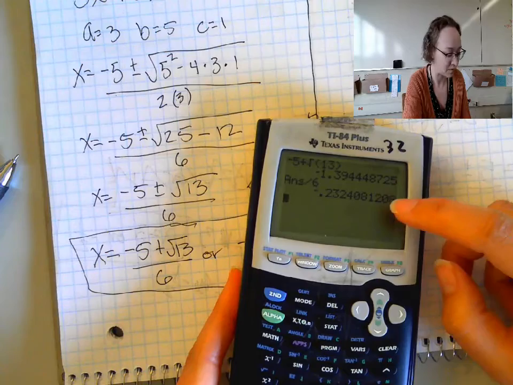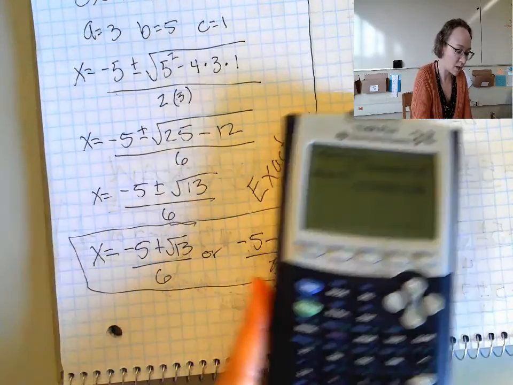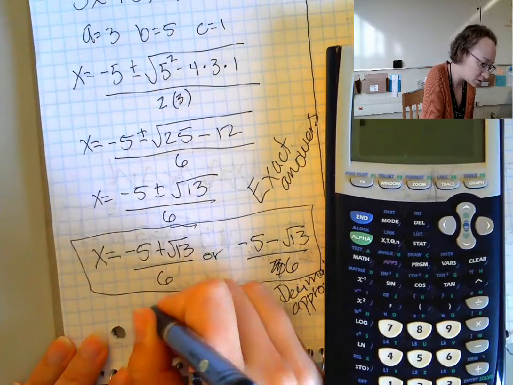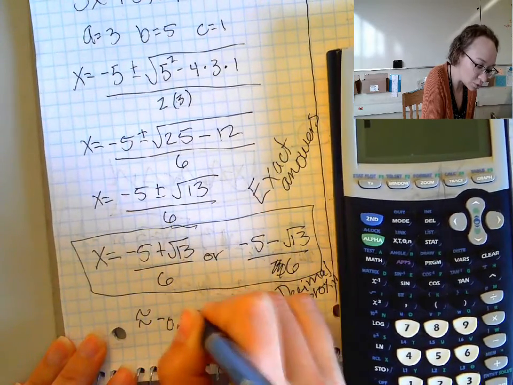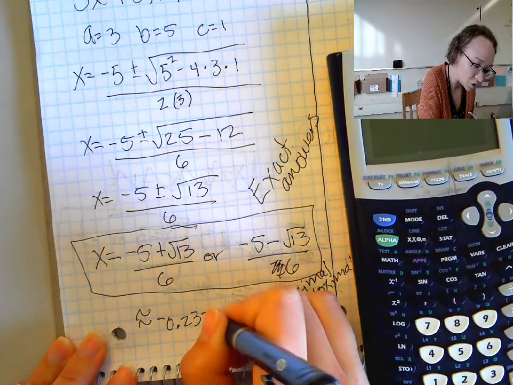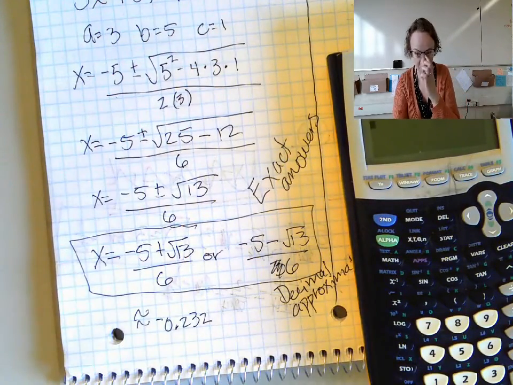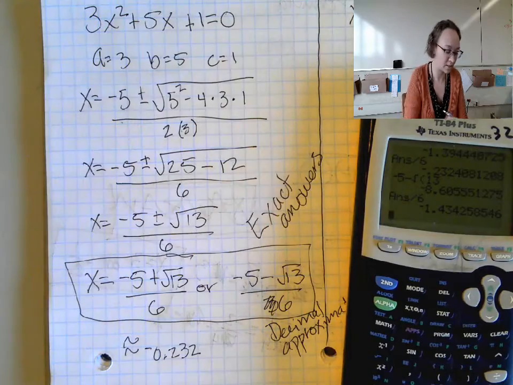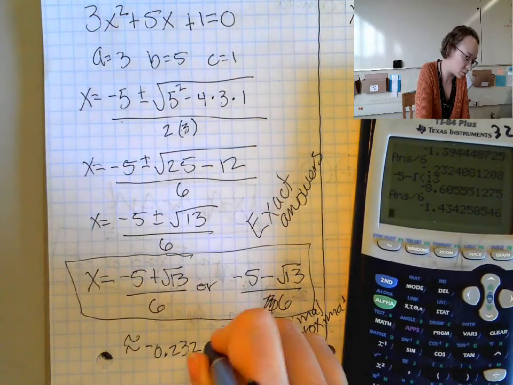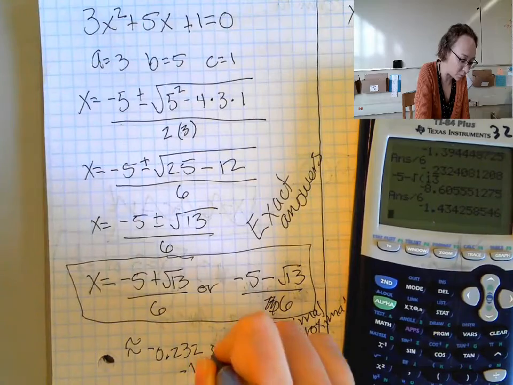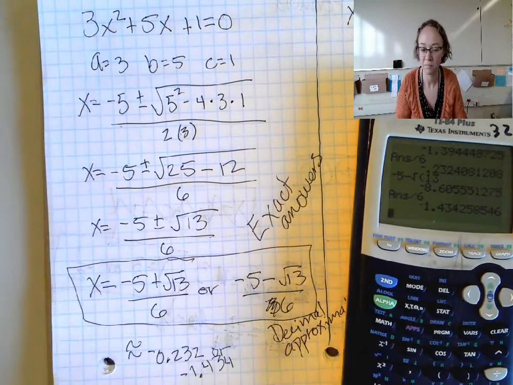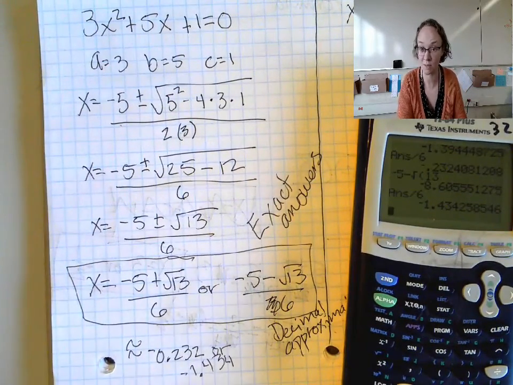Then I divide it by 6, I get approximately negative 0.232. And then I could do the same thing for the other one. And that time I get negative 1.434. Something like that. Those are the decimal approximations.